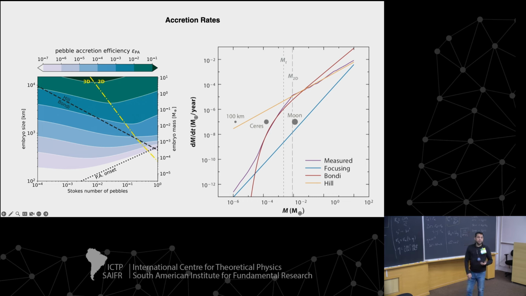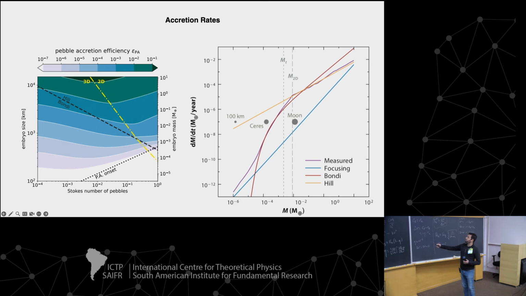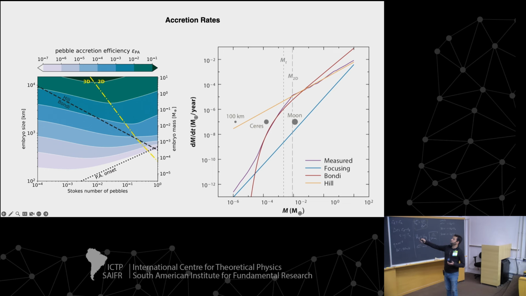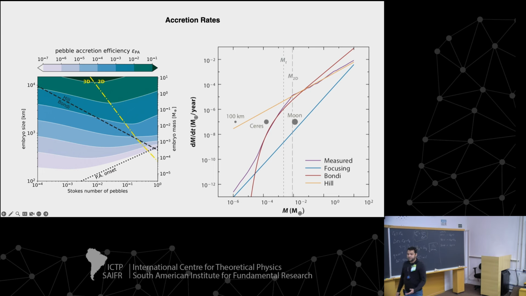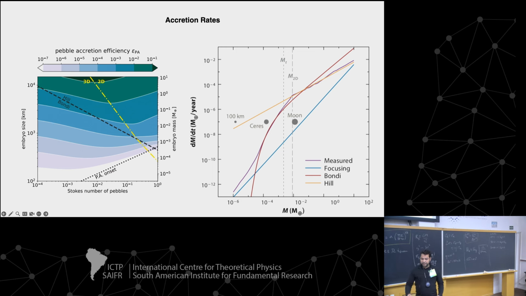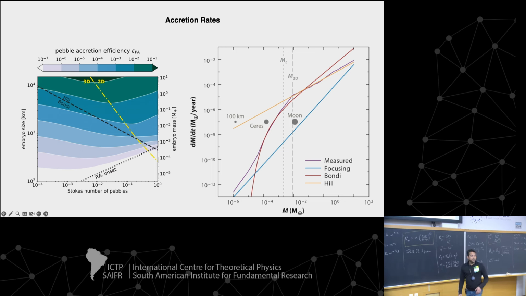So if you form a planetary embryo of about the mass of the moon, that's fine. You form here with this mass accretion rate, about 10 to the minus 5 Earth masses per year. That is enough to grow a full-fledged planet within the lifetime of the disk.